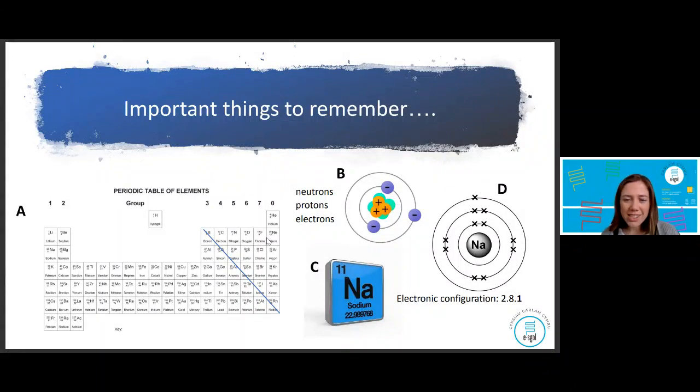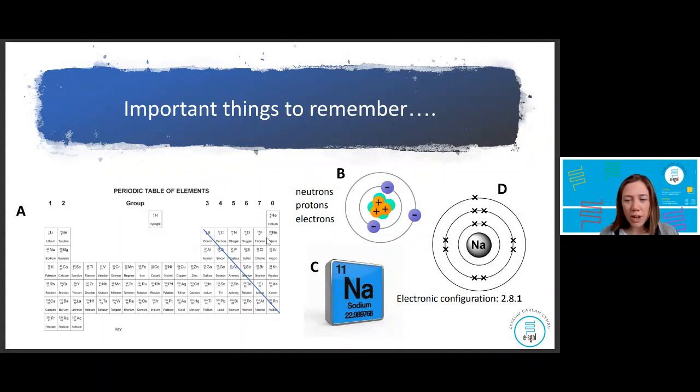If we move on to C, we've just taken any of the elements from the periodic table and I've just chosen sodium. You'll notice the symbol is Na. Symbols always start with a capital letter and then end with a lower case letter. If there's only one letter, then it will always be a capital. Then it says sodium underneath to tell you the name of the element.